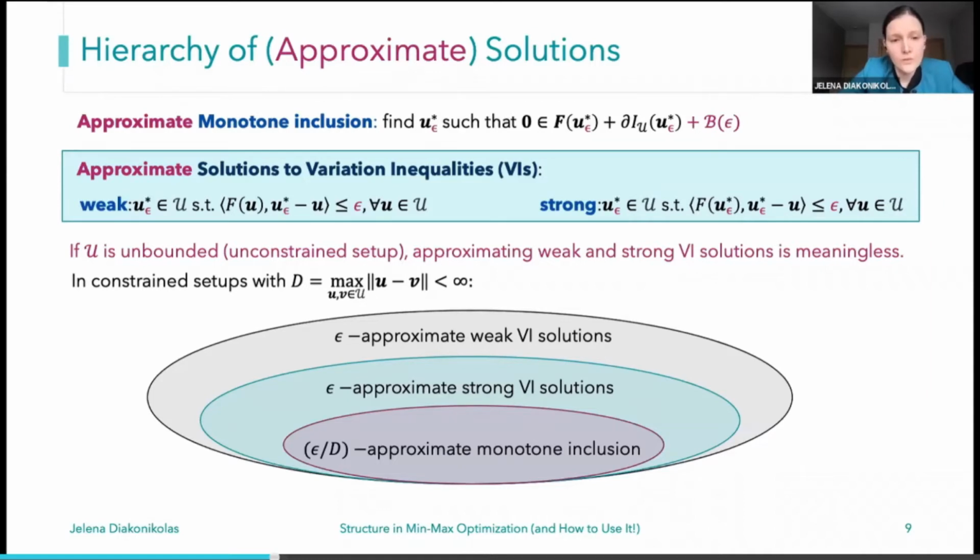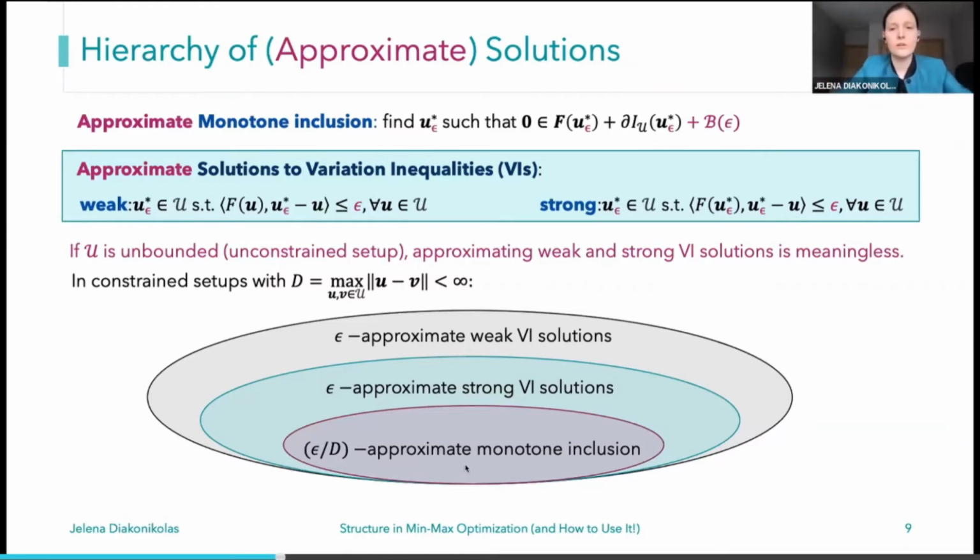So if you're solving monotone inclusion, you're immediately getting guarantees also for strong and weak VI solutions. And this was one of the reasons why I was particularly interested in monotone inclusion, and the work I'll talk about is specifically for that, but you can think about it as just making the gradient small.